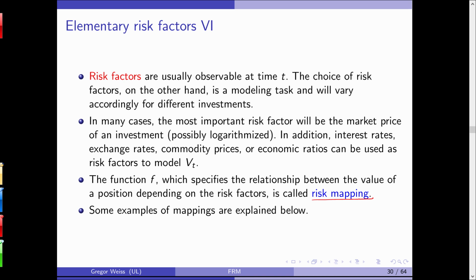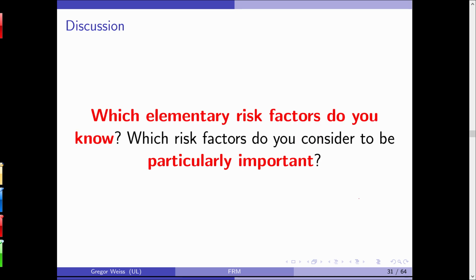And this is the first task we have as a quantitative risk manager. We need to find a function, a risk mapping, that is able to explain changes in market prices, in values. We will see some examples of mappings later on, and we have already talked about some elementary risk factors.